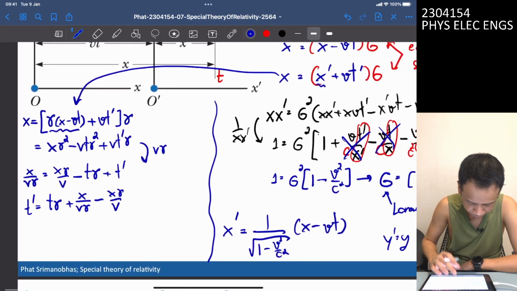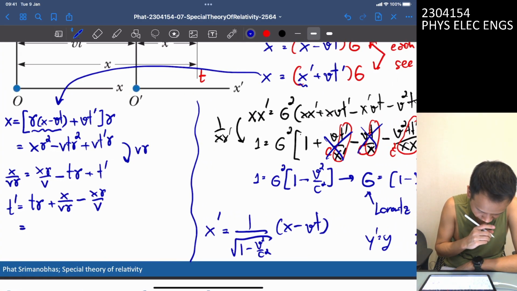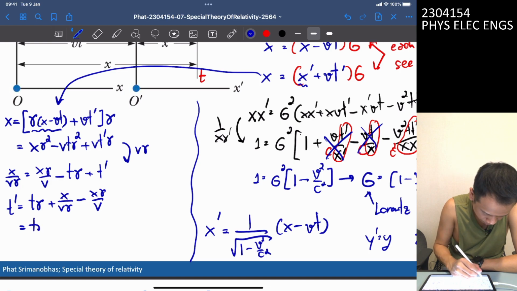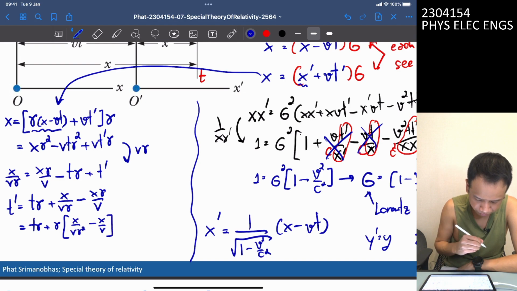Then we set t gamma, and then plus, you put the gamma out, so it becomes x over v, gamma squared divided by x over v.